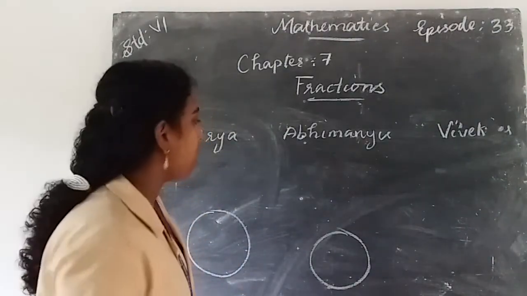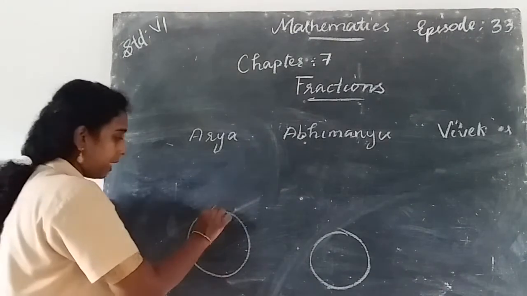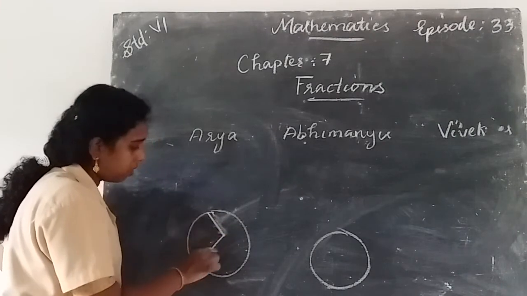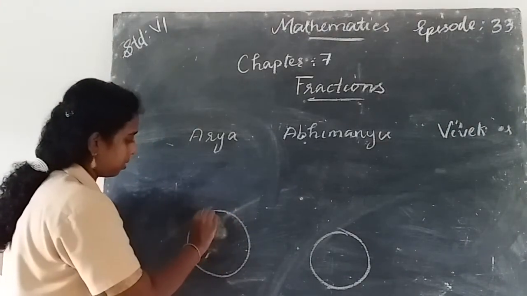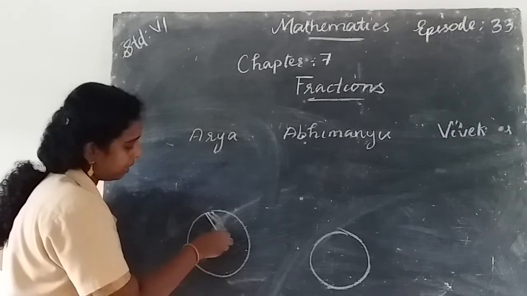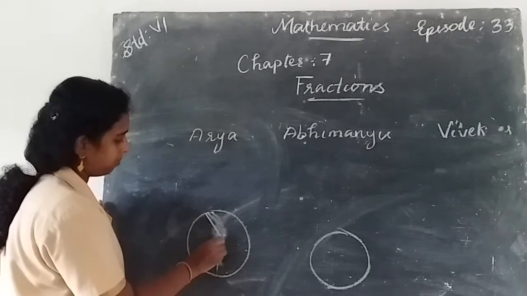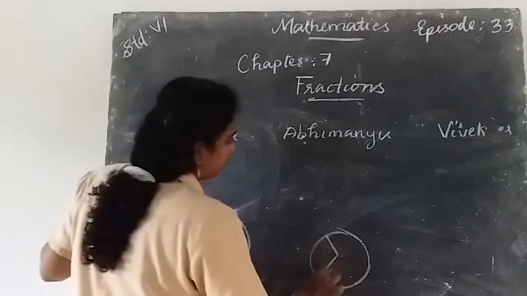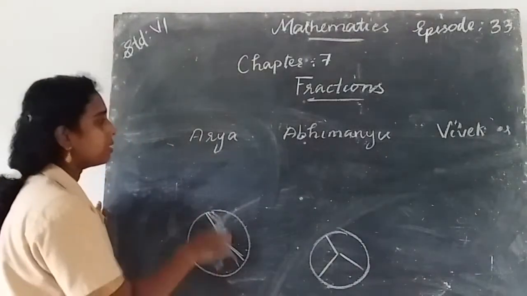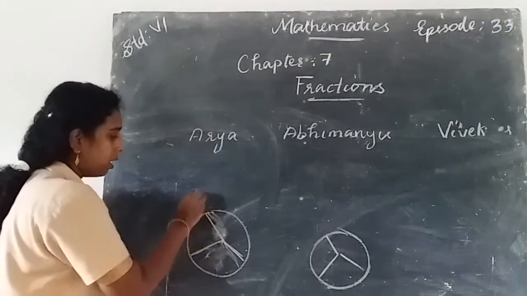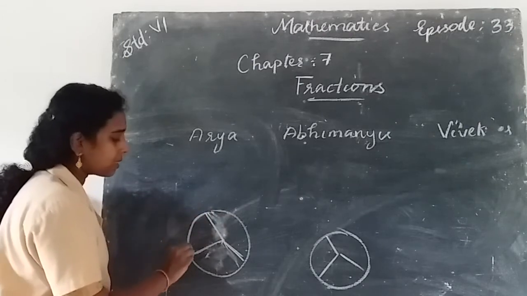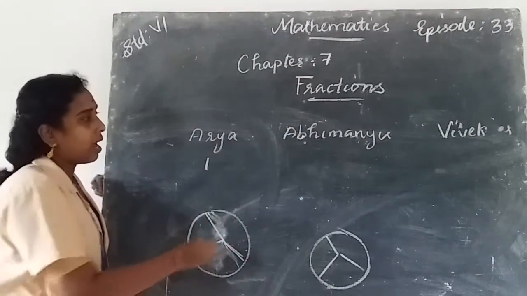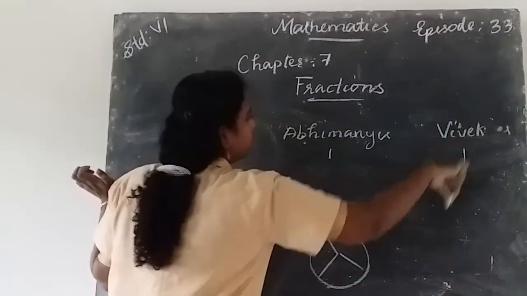So how can Arya divide each sandwich? He divides each into 3 equal parts, then distributes them to his friends. The sandwich made from vegetables is divided into 3 equal parts, and one part goes to Arya, one part to Abhimanyu and one part to Vivek.